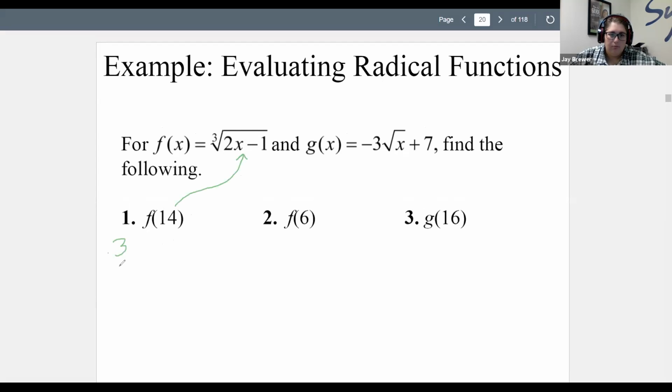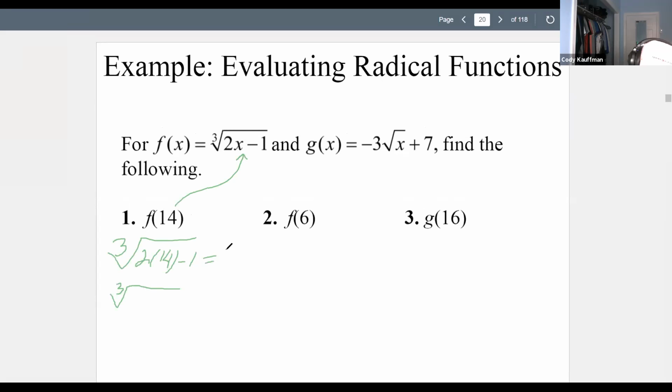So you have the cubed root of 2 times 14 minus 1. Well, what does 2 times 14 minus 1 give us? 27.